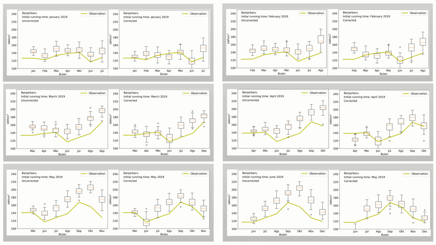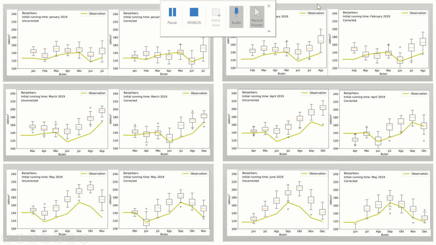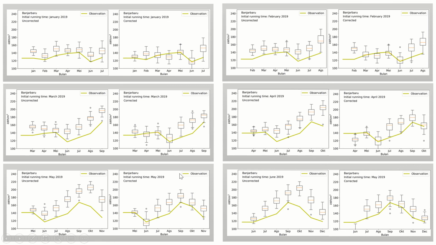So this is the visualization of the data before and after the correction method. So there are 6 gray boxes in this slide.